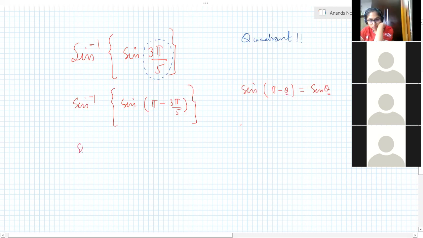So you say sine inverse of sine of 5 pi minus 3 pi over 5, which is 2 pi by 5. And sine inverse of sine of theta is now 2 pi by 5. 2 pi by 5 is 360 by 5, which is 72 degrees.